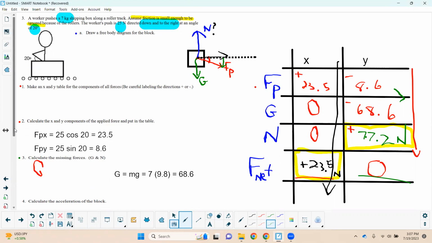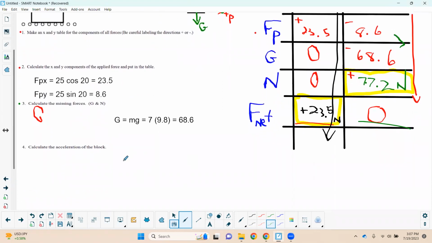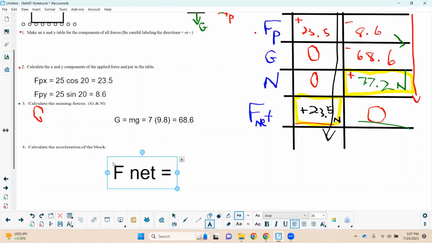The last part here is to calculate the acceleration of the block. To get the acceleration, you're going to use Newton's second law. So F net equals MA, not MS, MA. Shrink this a little bit. We know most of the information here.